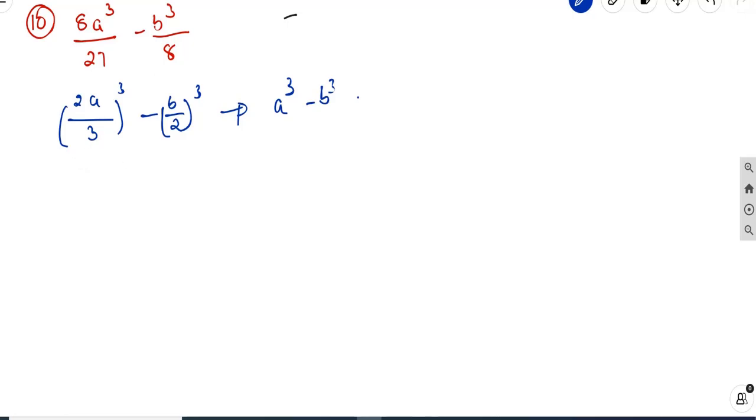this becomes 2a by 3 minus b by 2, one term. So one more term: what is a here? A is nothing but 2a by 3, and b is nothing but b by 2.